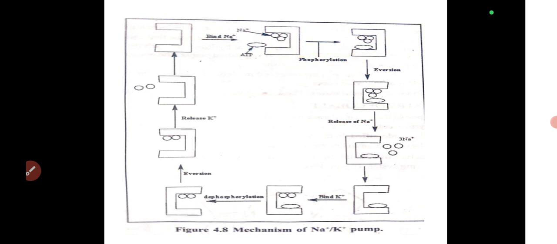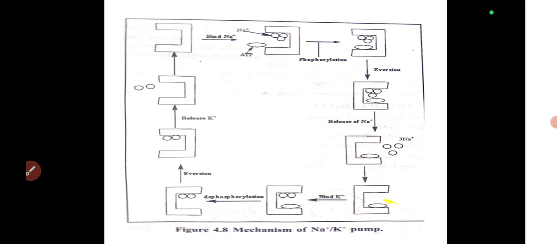The binding of ATP is called phosphorylation. Then eversion takes place, rotation through 180 degrees, and those inside the cell will be outside. Then these 3 Na plus will be released into the extracellular fluids.